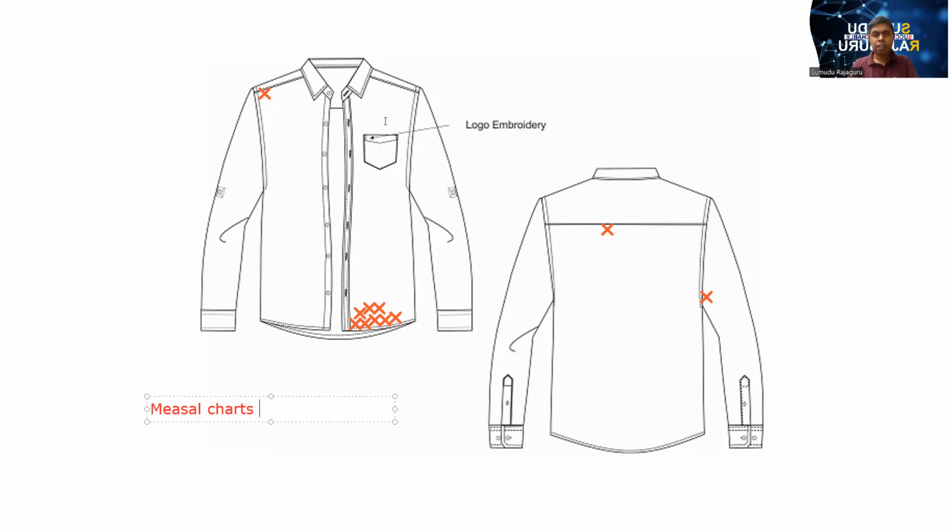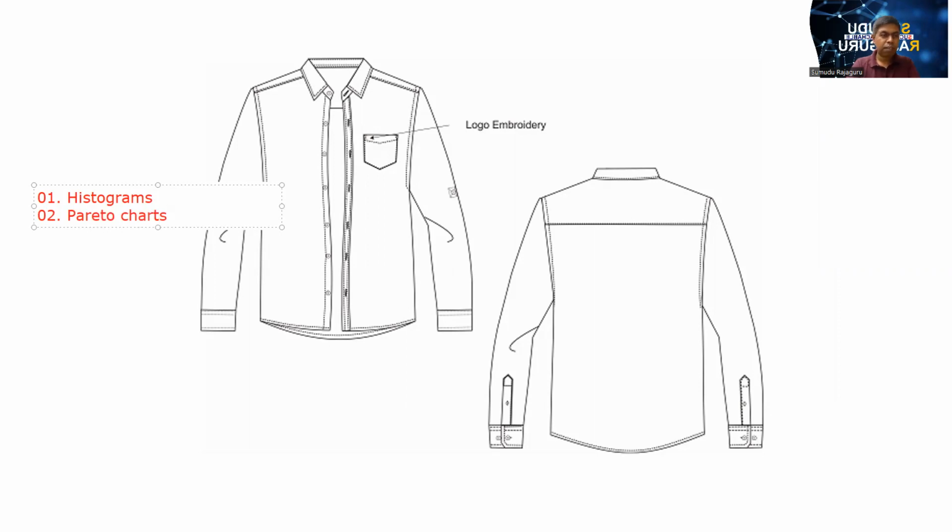Right. Then we have already discussed four types of problem analyzing tools. The first one was histograms. The second one was Pareto charts.